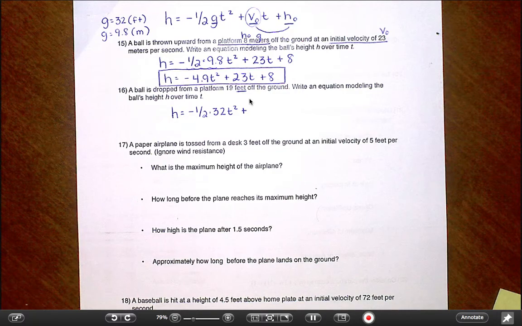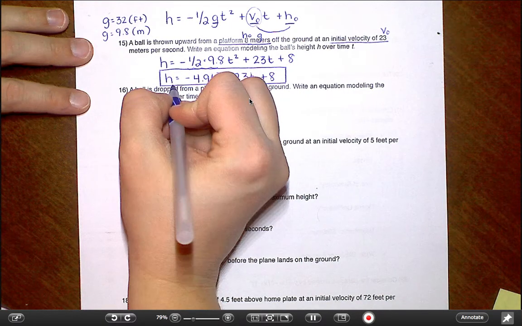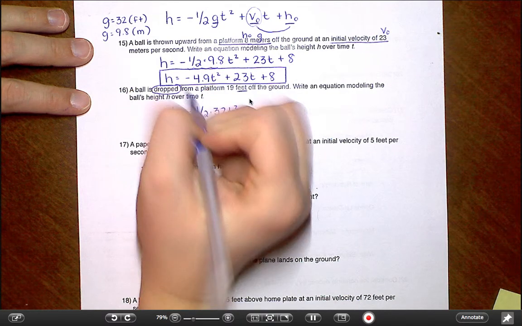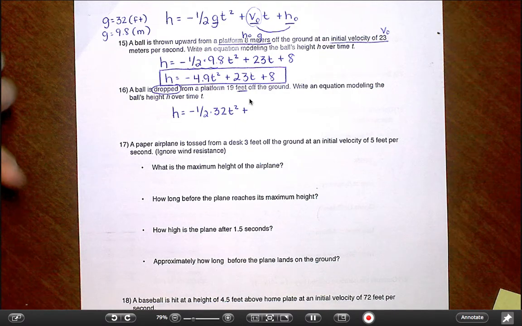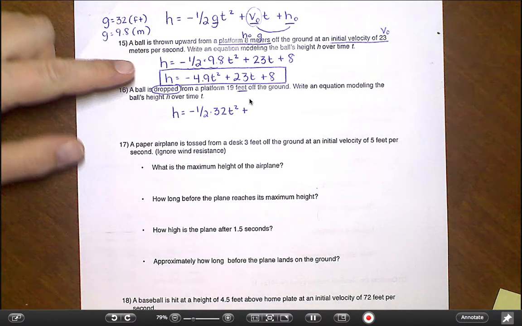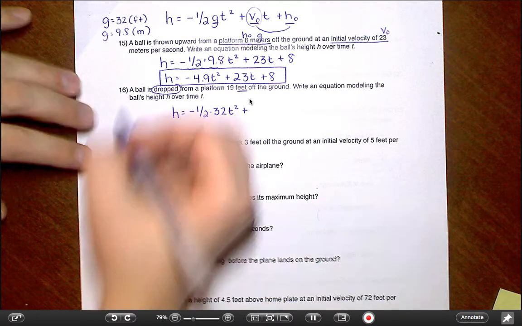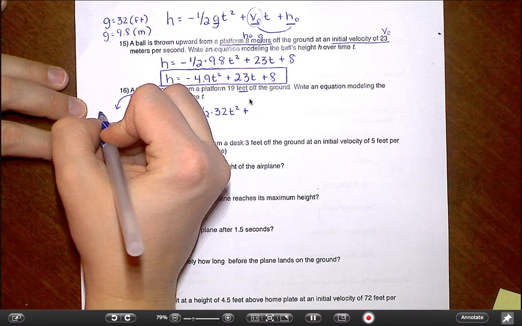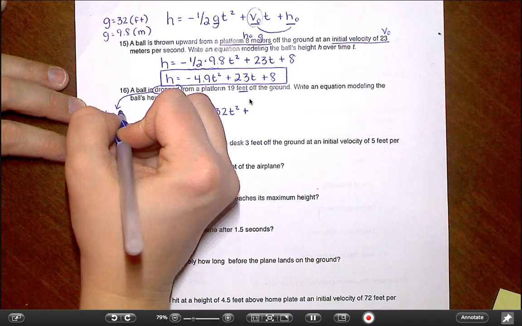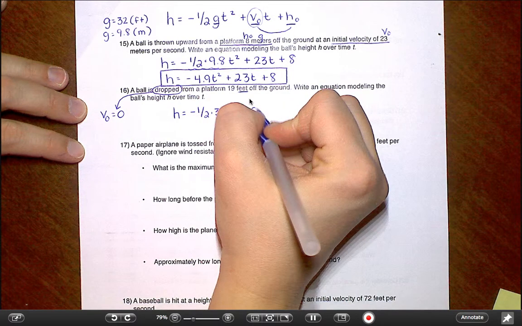Anytime you're missing a velocity, look for this. Is the ball just being dropped? Okay, they have to give you the velocity. Them saying that it's being dropped is telling you that you're not putting any force behind the ball, so that tells you that your velocity is 0. So I can put a 0 in here.